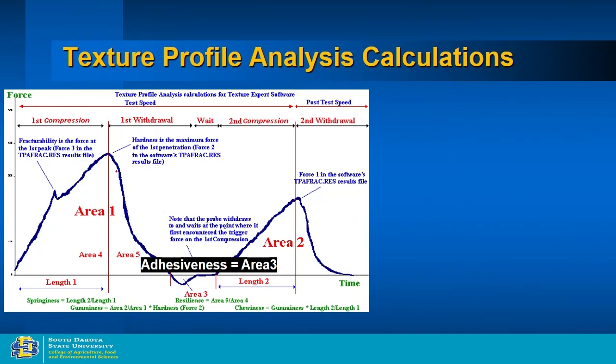So resilience is how much energy recovered divided by how much energy put in. So this is the area under the curve, or energy recovered, during decompression, divided by the energy input during the compression. That is called resilience.